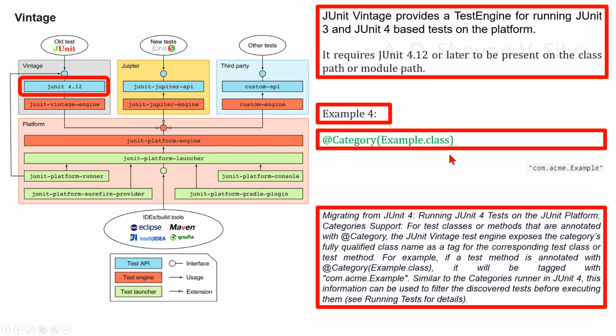For example, if a test method is annotated with, like here, @Category(Example.class), it will be tagged with here com.acme.Example. Similar to the Categories runner in JUnit 4, this information can be used to filter the discovered tests before executing them.